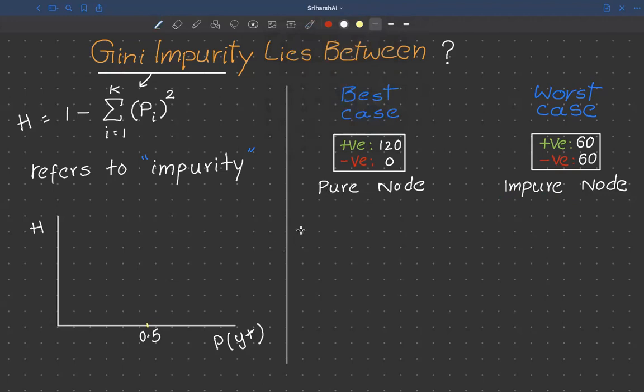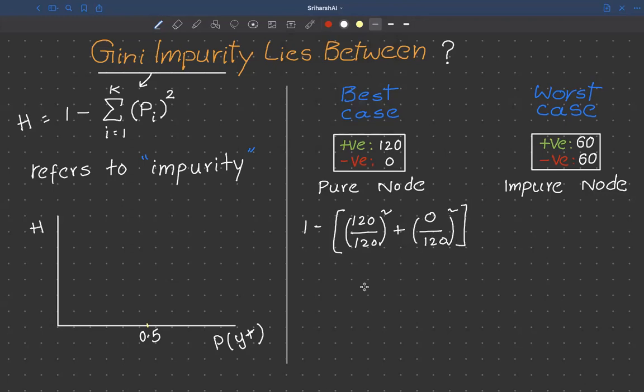Here we have two classes, so this sigma will range from i equal to 1 to k. I'll write this as 1 minus: first, the probability of i whole square for the positive class, that is, number of samples in the positive class by total number of samples, plus, for the negative class, number of samples in the negative class by total number of samples, whole square.